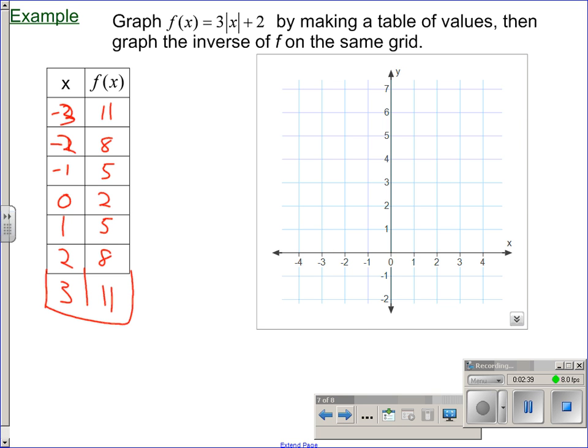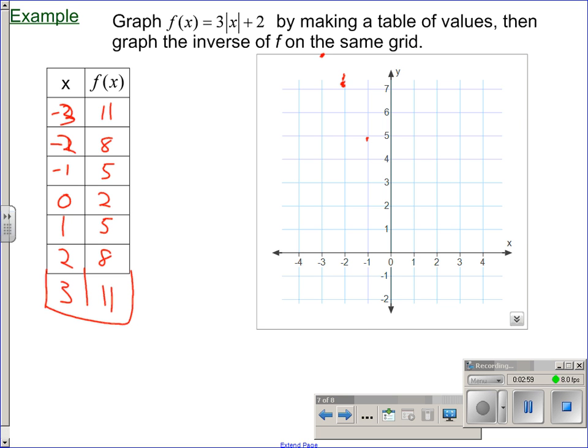Okay, so now let's just plot some points. So, -3 up to 11, let's just say it's up here. -2, 8. -1, 5. I got to exaggerate these a little bit.